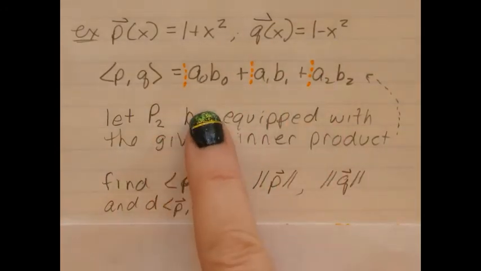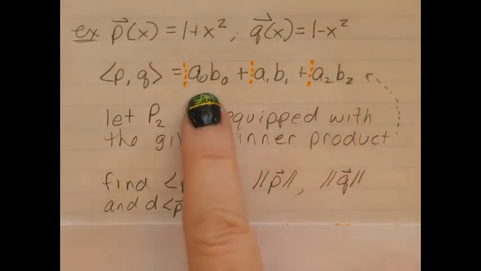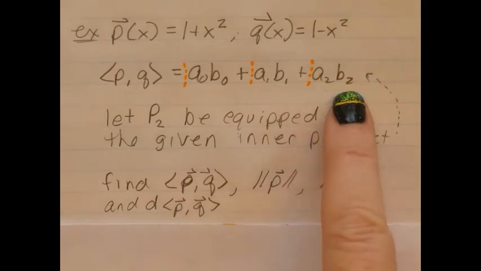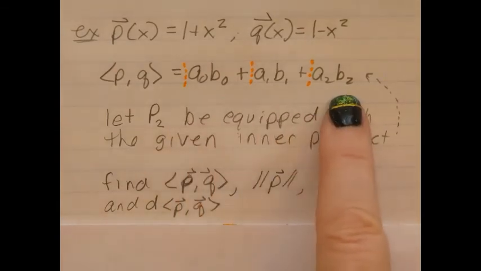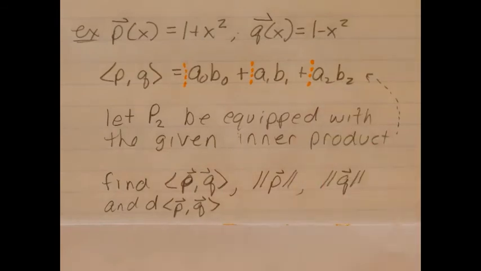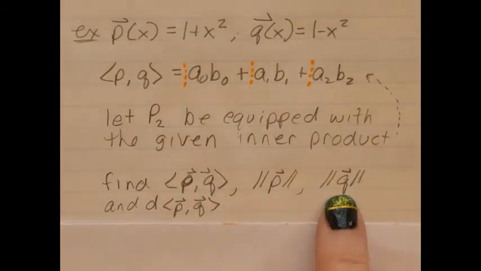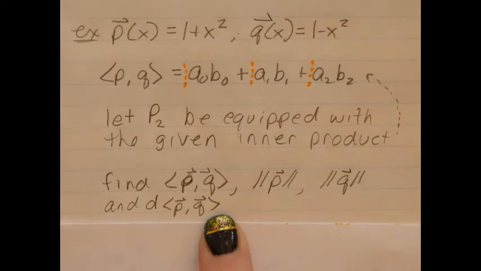P sub 2, because if you look at it, the subscripts kind of indicate x to the 0, x to the 1, and x to the 2 power. That's kind of what's going on in how they actually state an inner product space for P2. We want to find the inner product of P and Q, which is better known as the dot product, the length of P, the length of Q, and the distance.